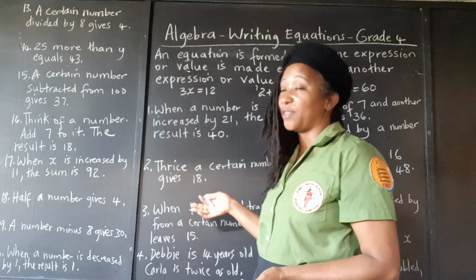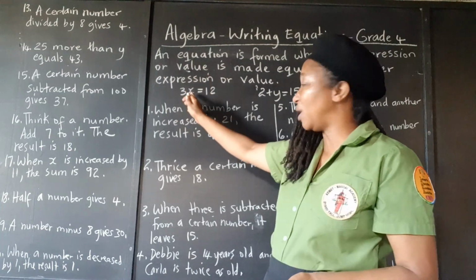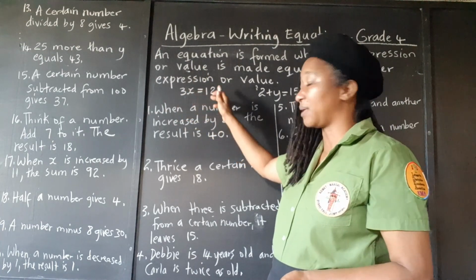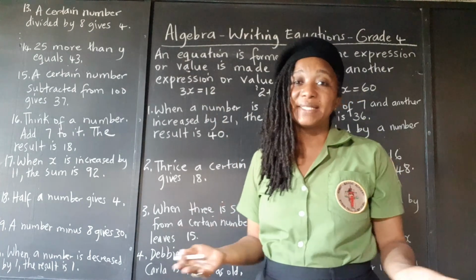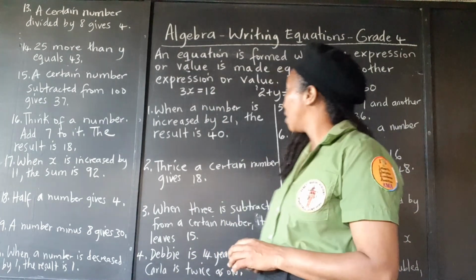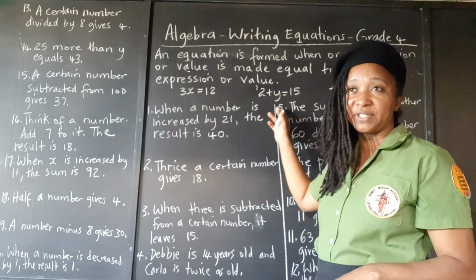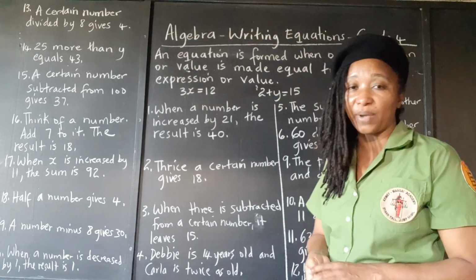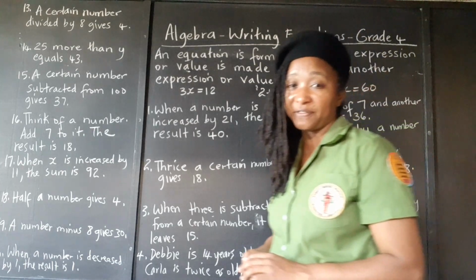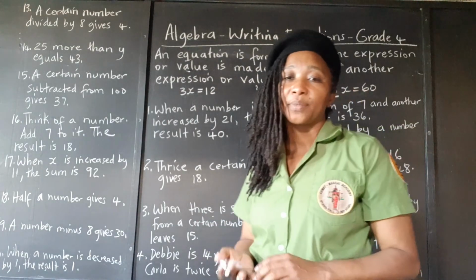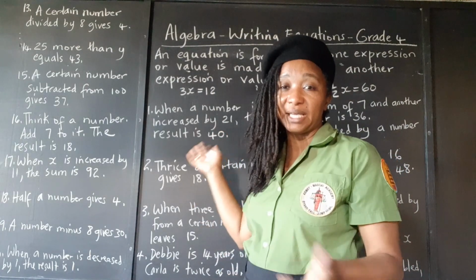One step further though, we're saying when we multiply this number by 3, the result will be 12. So what is that number? When we add 2 to a number, the result is 15. What is that number that we add to 2 to get 15? And so on.